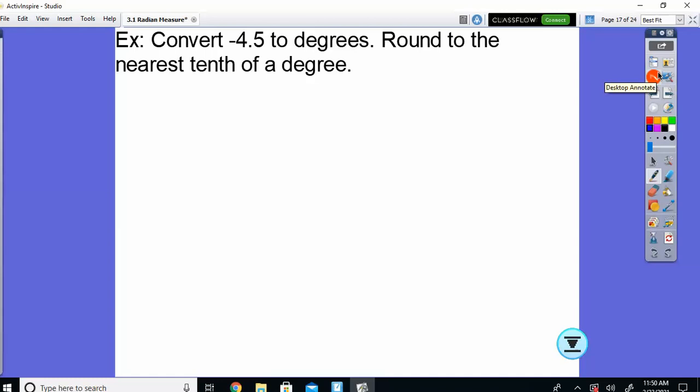So if I said convert negative 4.5, there is no degree measure, so that is radians. I want to change it into degrees. So what would I multiply by? 180 over pi. I want my radians to cancel, so the radians go on the bottom. I am asking you to round to the nearest tenth, so we're going to put everything in the calculator.